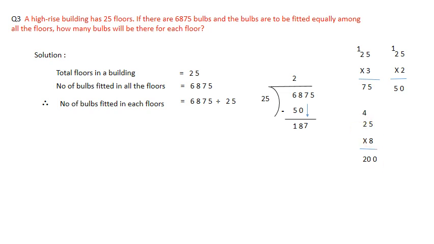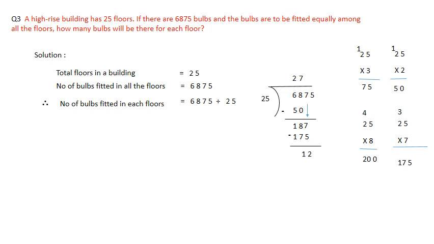Now again this 200 is greater than 187, which we cannot subtract. So now we will try 7s. So 25 7s. Now when we multiply by 7, you are getting 175. Now this number we can subtract here. So we'll take 7. So when we subtract, 7 minus 5 becomes 2, 8 minus 7 becomes 1. So here you are getting 12.